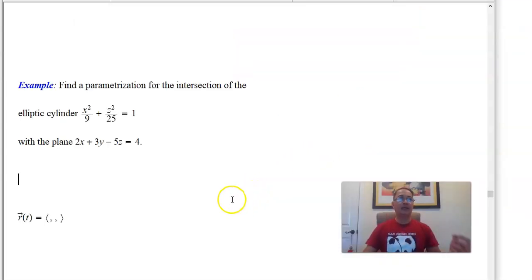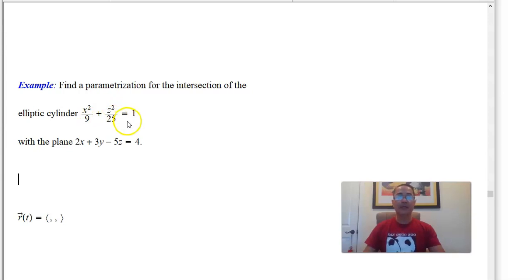So how are we going to do this? Actually, the helix is already hiding part of the answer in plain sight. Remember how we got this equation: our x-coordinate is 3 cosine t and our z-coordinate is 5 sine t.